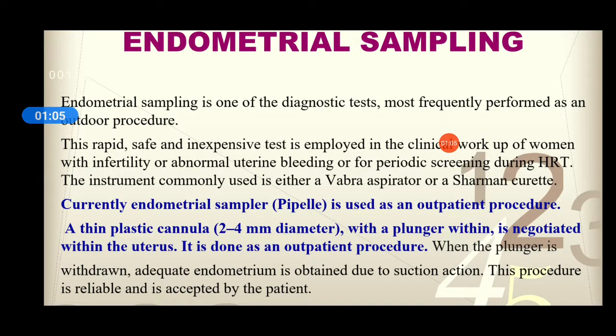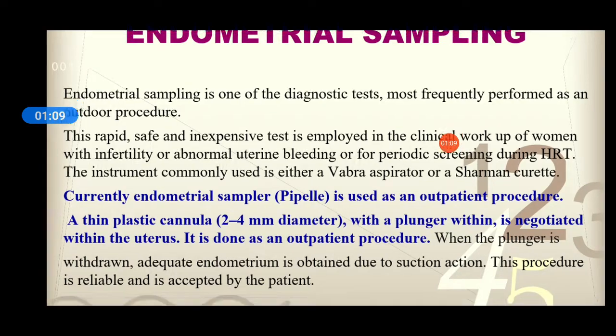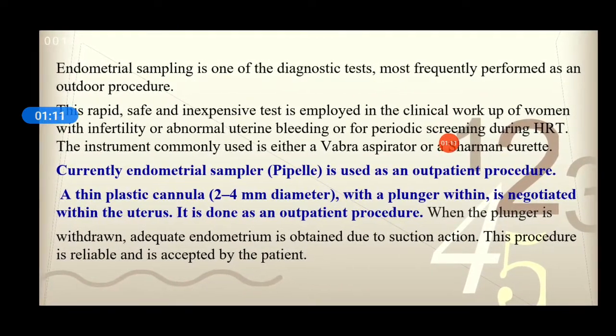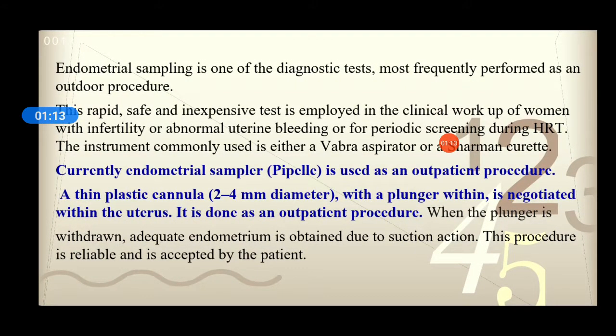A thin plastic cannula, about 2 to 4 mm in diameter, with a plunger within, is negotiated within the uterus. When the plunger is withdrawn, adequate endometrium is obtained due to the suction action. Here we need to obtain a sample or a few bits of endometrium for examination.